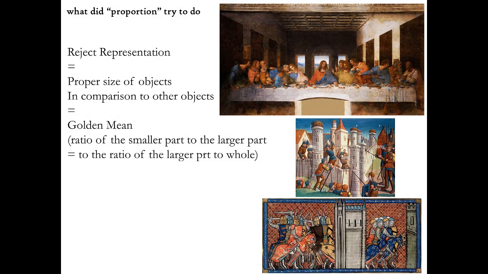So what does proportion try to do? What proportion tries to do is reject representation. What it wants is the proper size of objects in comparison to other objects. So take a look at the Last Supper. We have 13 people, who all have bread, who have plates, who have cloaks, who have hands, and all those pieces have to look like they would in real life, which means they all have to be proportional, so that the bread loaf looks like something you could hold in your hand and would take up a good portion of your hand, but you could clench your fingers around it.